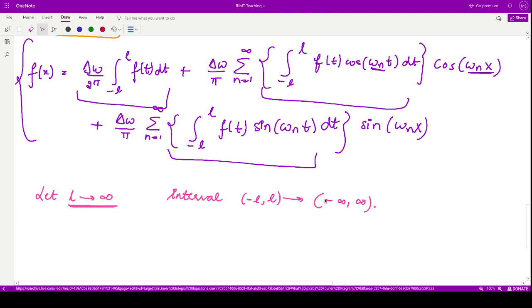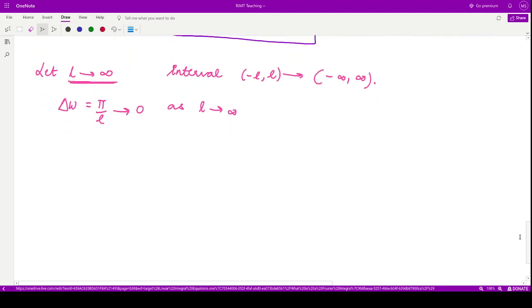So if you perform this L tending to infinity, your term delta omega, which was defined to be pi by L, because L is tending to infinity, this term will tend to 0. Right? Clear with this?